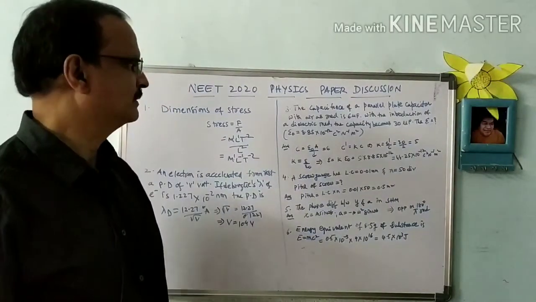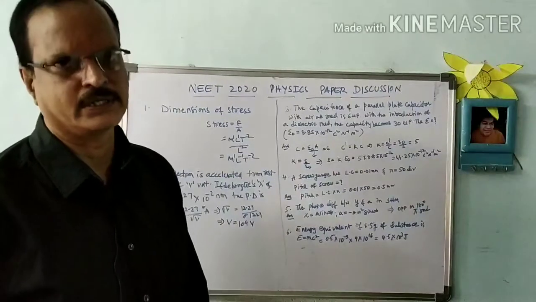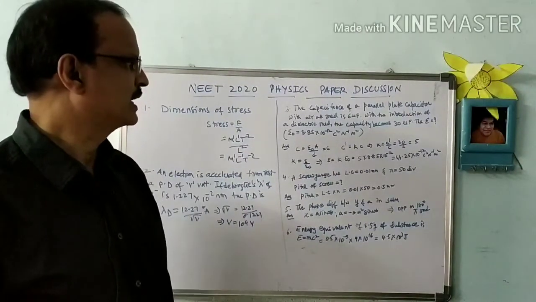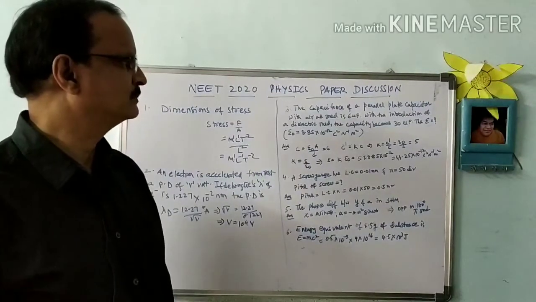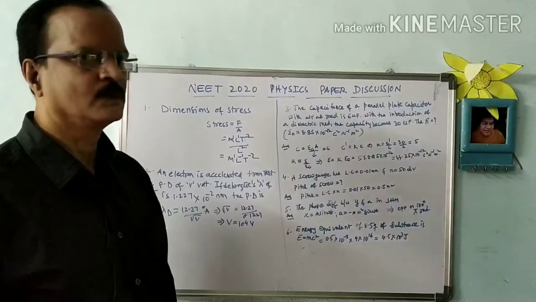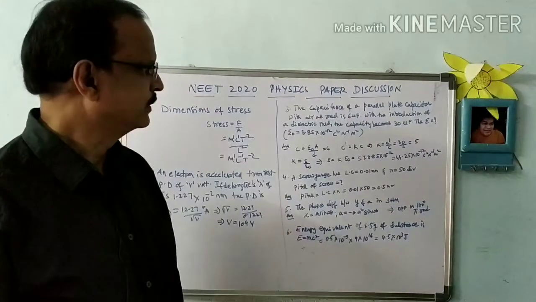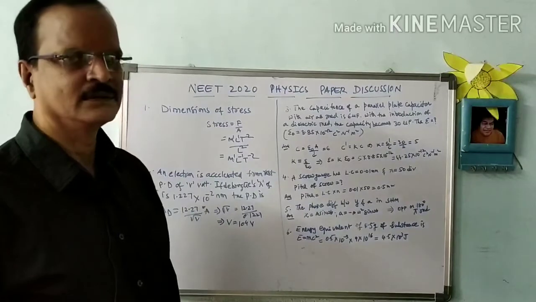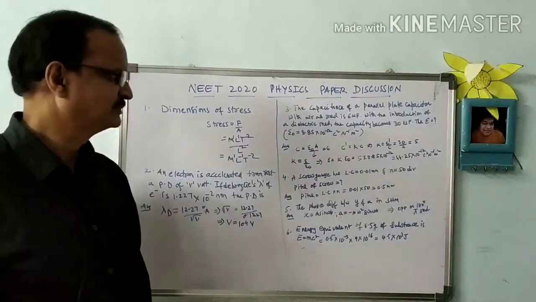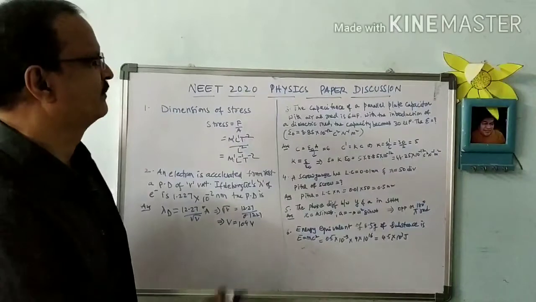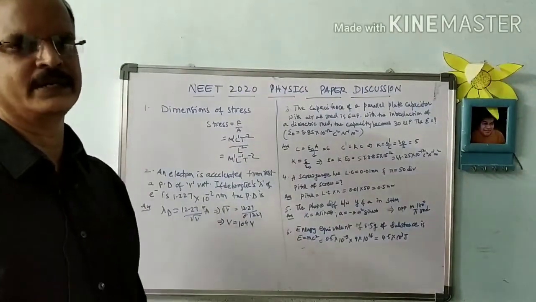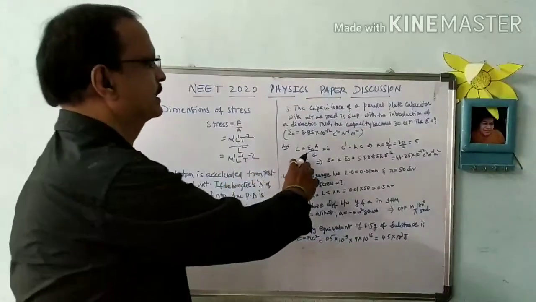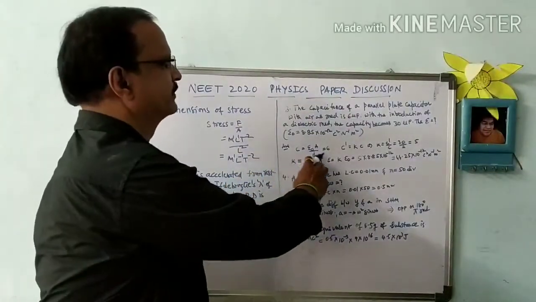He has given the value of epsilon naught, the permittivity of free space, as the standard value 8.85 into 10 to the power of minus 12 coulomb square, newton inverse, meter square. Now the formula for the capacitance of a parallel plate capacitor is C is equal to epsilon naught A by D. This is given as 6.